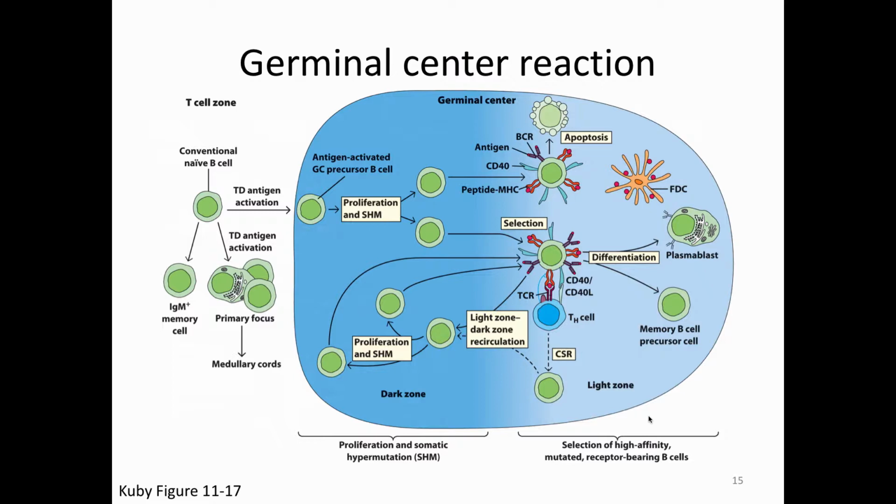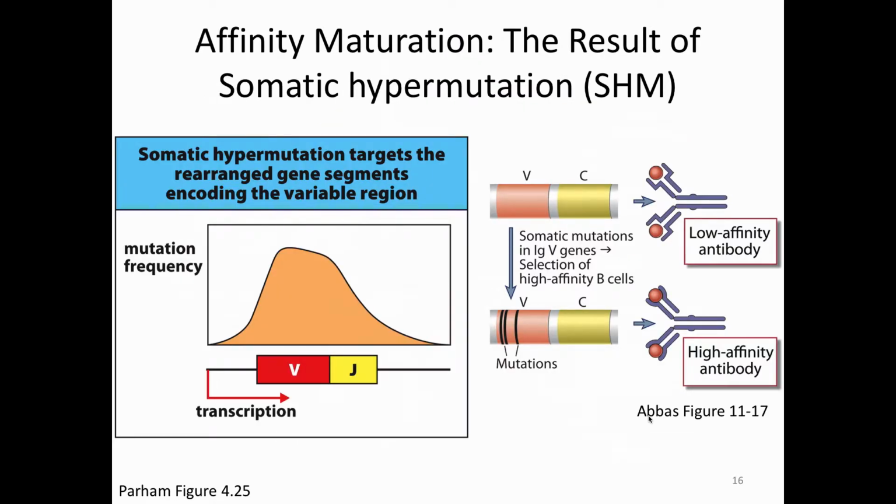Our cell is also going to turn on a process of mutation, where it is going to start mutating its heavy and light chain, listed here as SHM. Specifically, our cell is going to acquire a high frequency of mutations in the VJ region of the light chain and the VDJ of the heavy chain.